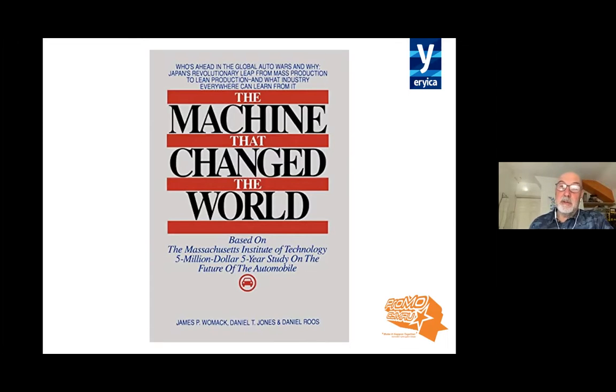And when Toyota started using this methodology, it came from America originally, and then Toyota really took it up. They revolutionized how they made things. They revolutionized the car industry and took over, really, especially at the time when they started working this way and nobody else was. And that killed a lot of different manufacturers.